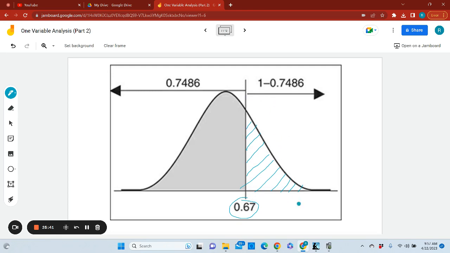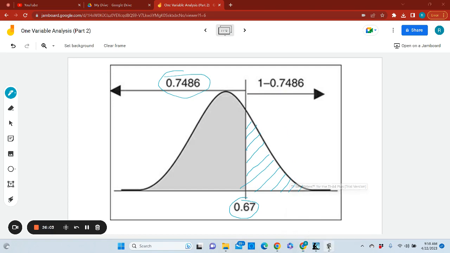You can certainly do that, right? And we can pull up there. So they're telling you to the left of 0.67 standard deviations above average is 0.7486, or about 74.86% of the distribution. So to find out the area to the right, they are telling you do 1 minus that.